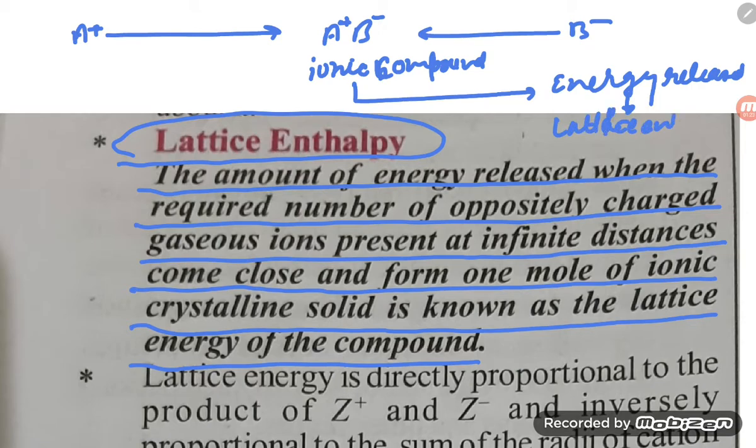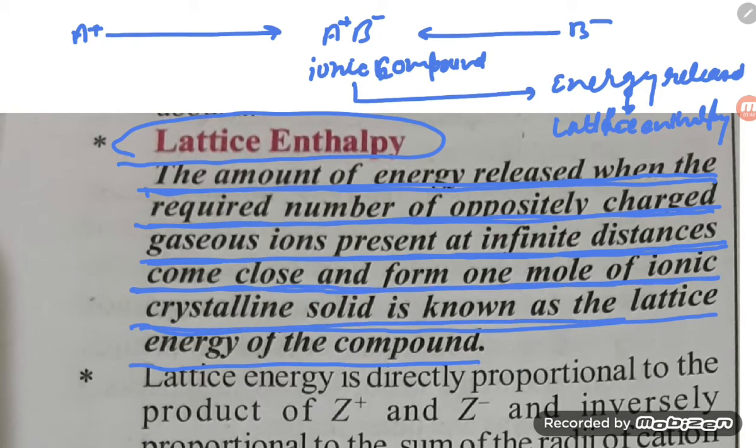So what is lattice enthalpy, student? The amount of energy released when the required number of oppositely charged gaseous ions present at infinite distance come close and form 1 mole of ionic crystalline solid is known as the lattice energy of the compound, right?